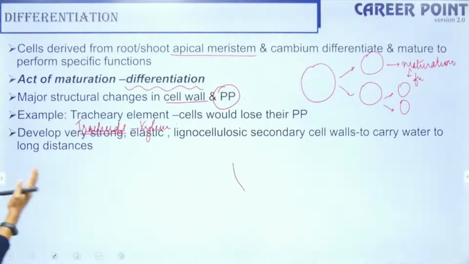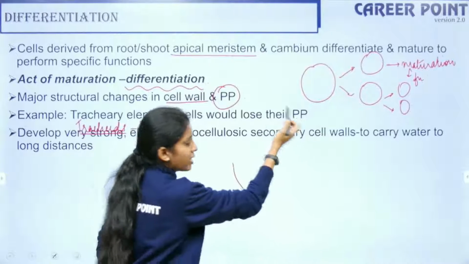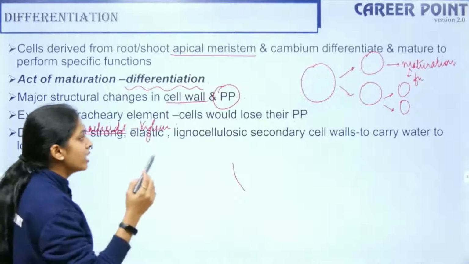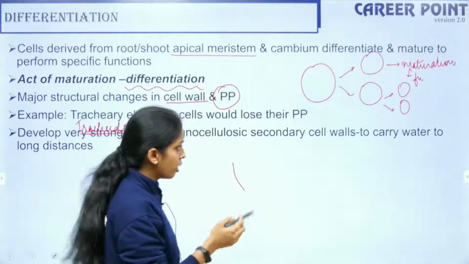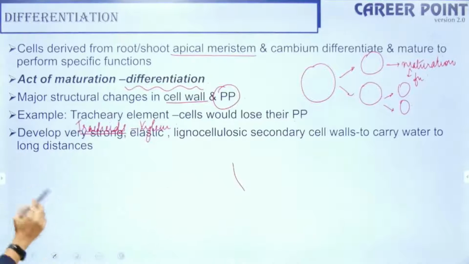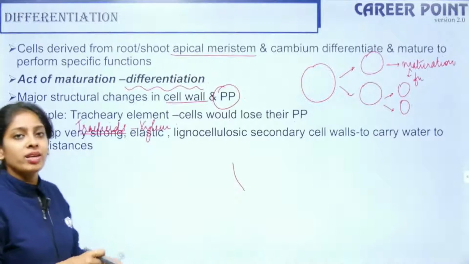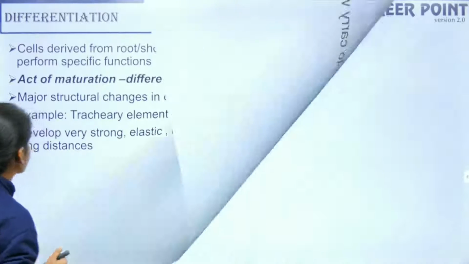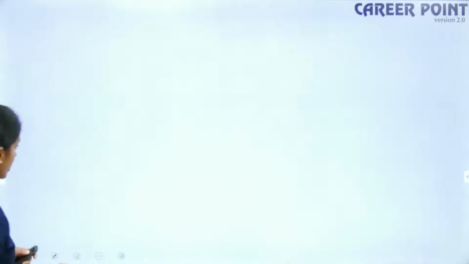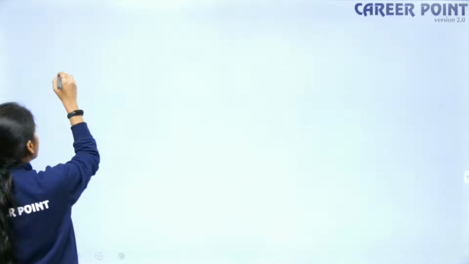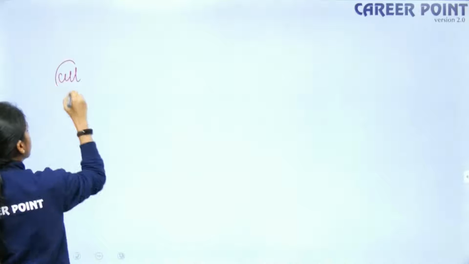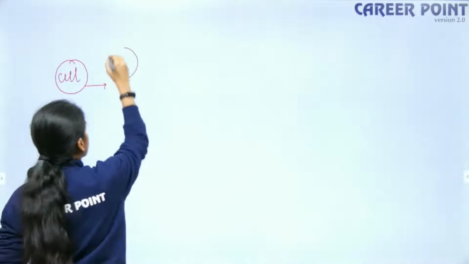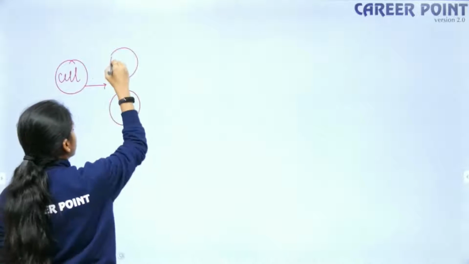So they lose their protoplasm. Instead, they develop very strong, elastic lignocellulosic secondary cell walls to carry water to long distances. Which means they are taking up a specialized function. Alright, so this is differentiation. So initially I have a cell. The cell undergoes division like this.